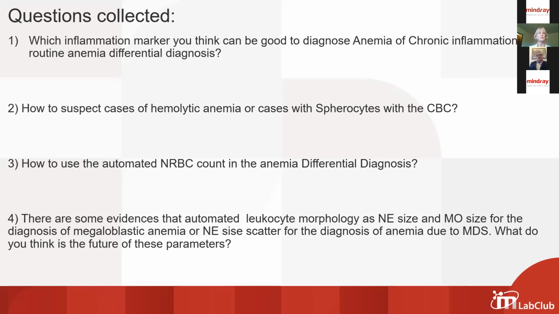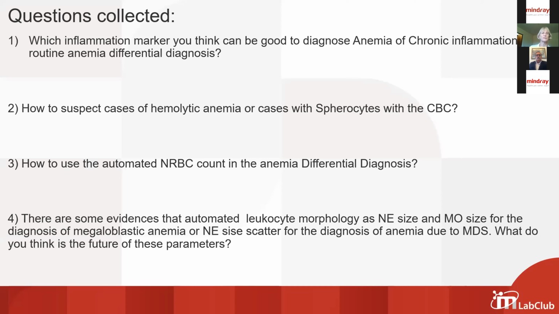Well, NRBCs will be elevated in patients with severe hemolytic anemia, or in cases of a leukoerythroblastic type picture in their marrow. So if you have elevated nucleated red cells and immature granulocytes, then of course you'd really want to look at the blood smear and see if there are teardrop cells, as the person may have some marrow infiltrative process or fibrosis.